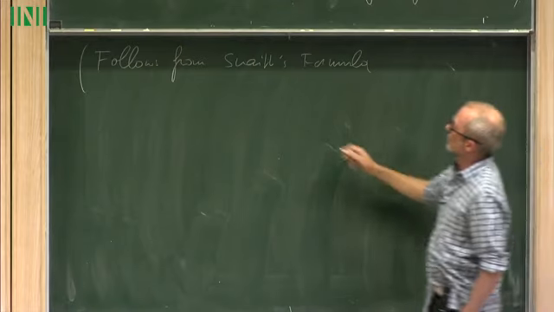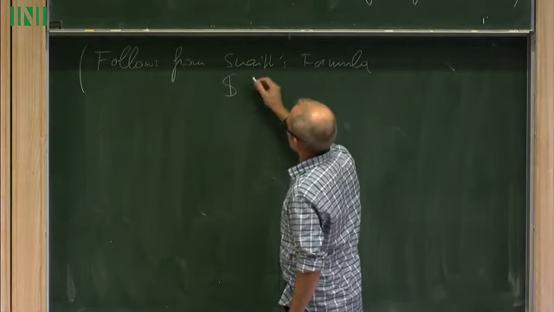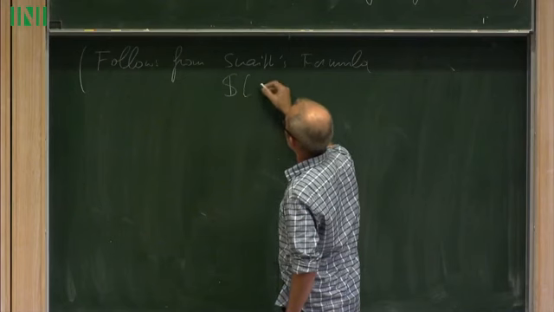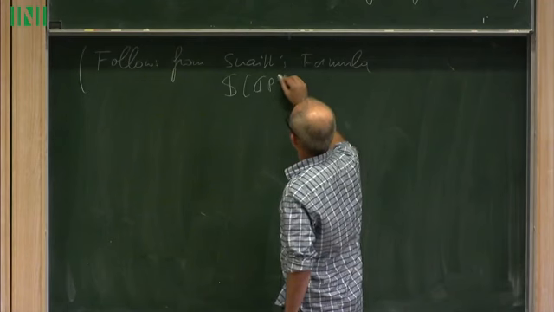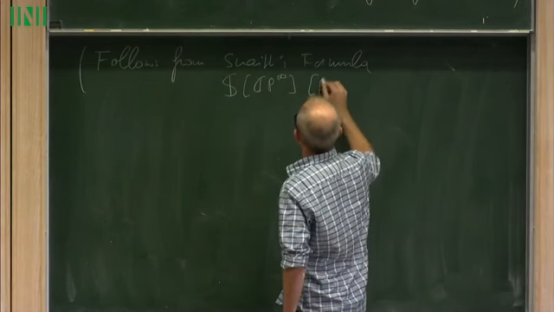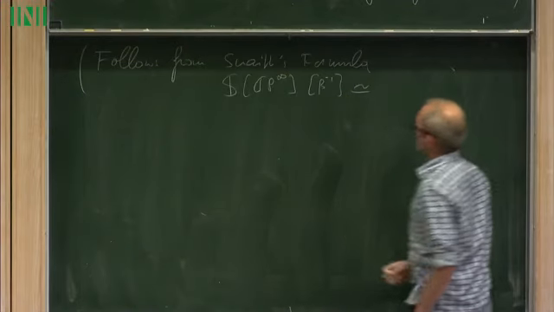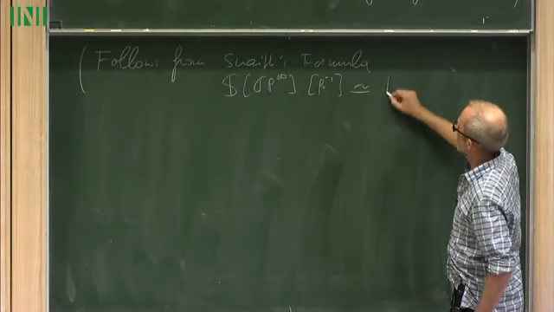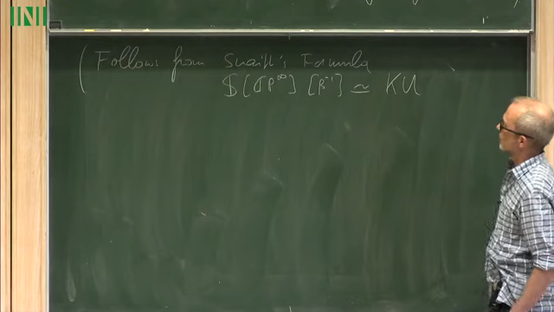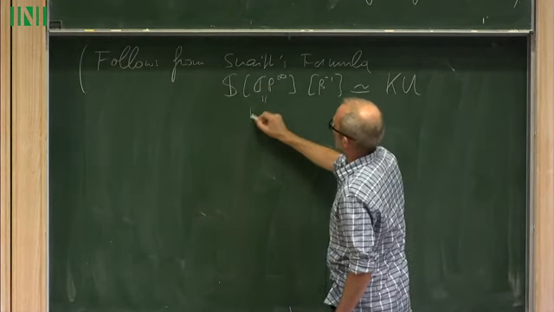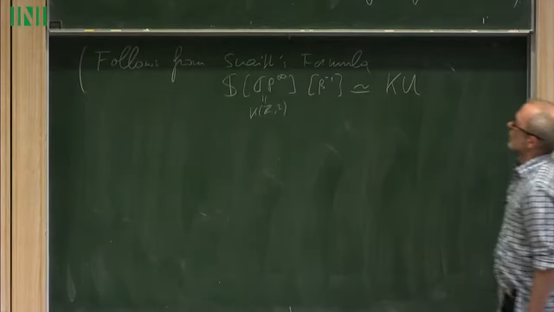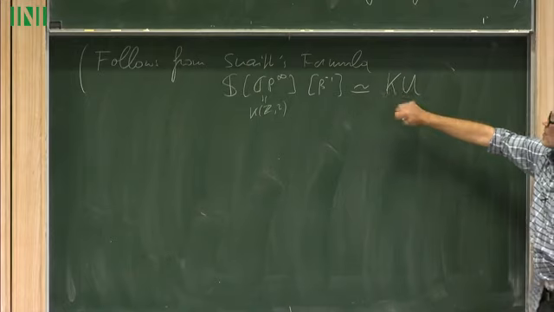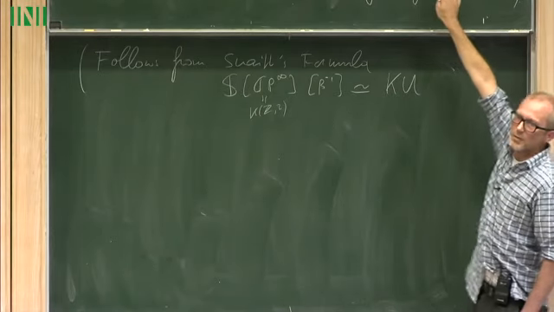You have a model for KU as commutative S-algebras, you have such a formula, right? So this is a K(Z,2). And when you apply THH to this formula, you will get this formula up here.